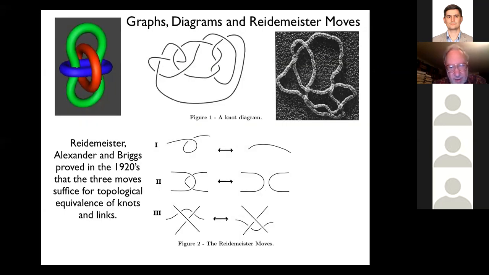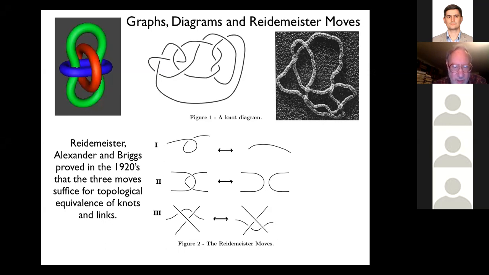As I said, you have the 3 moves. That goes back to Reidemeister's book, Knot Theory, published around 1931, I believe. And prior to that, the work of J.W. Alexander and Briggs, who proved in the 1920s that these 3 moves are sufficient for doing topological equivalence of knots and links.